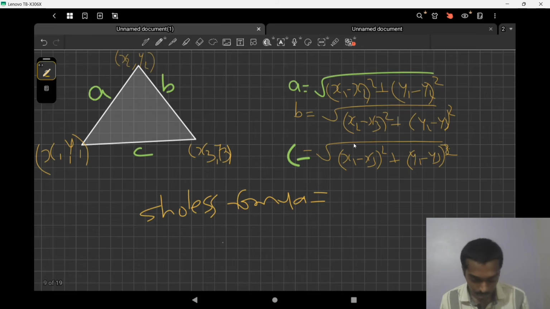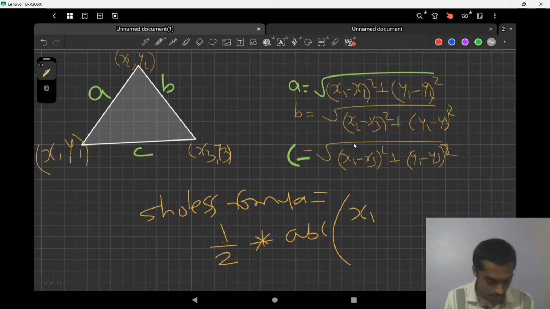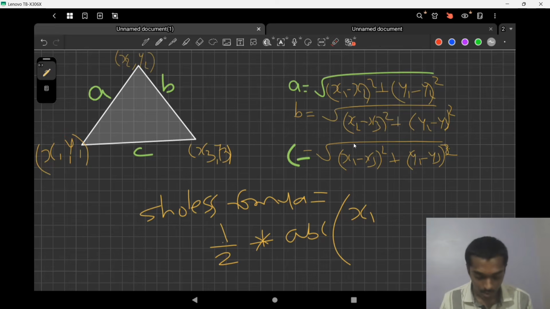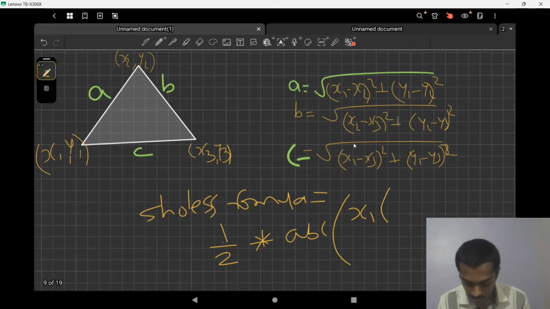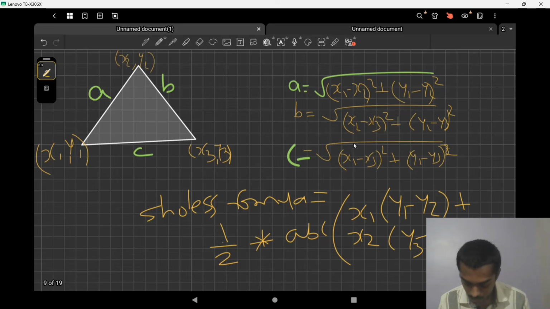The Shoelace formula says you have to multiply 1 by 2 to the absolute value of: if you choose x1, then you have to subtract the other two y coordinates, so multiplied by y2 minus y3, plus, if you choose x2, then you subtract the other two y coordinates, y3 minus y1.